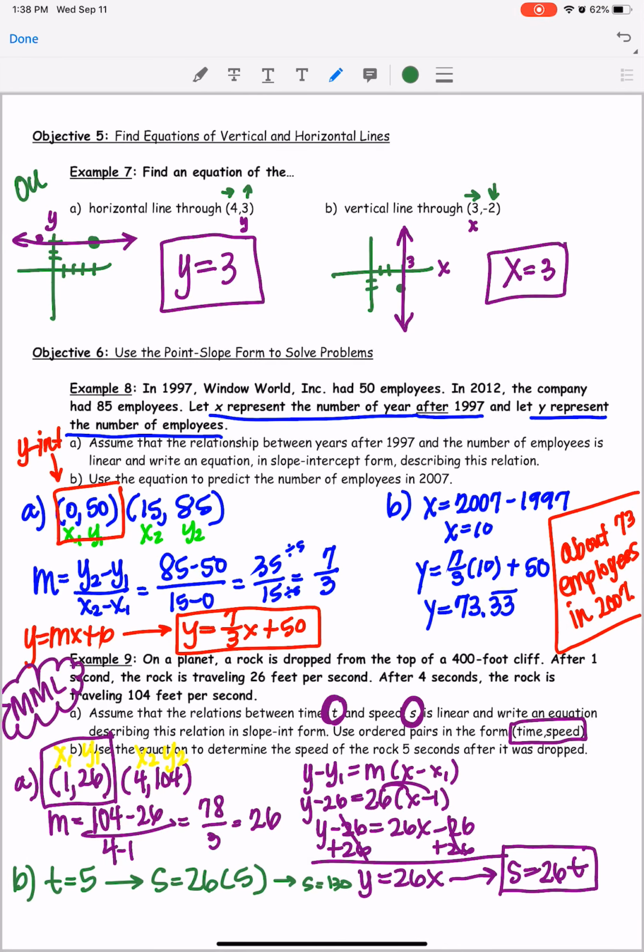Word problems need word answers. So, I don't know if I'll have room to write all this, but we need to say something like after 5 seconds, the rock is traveling 130, but 130 what?